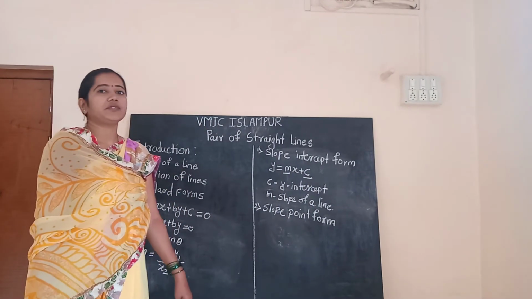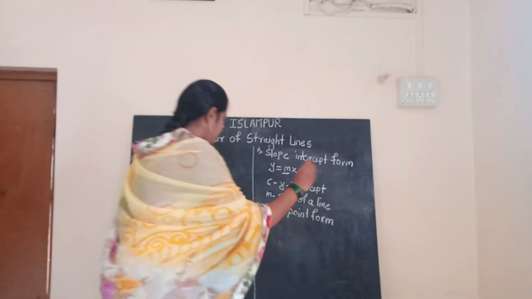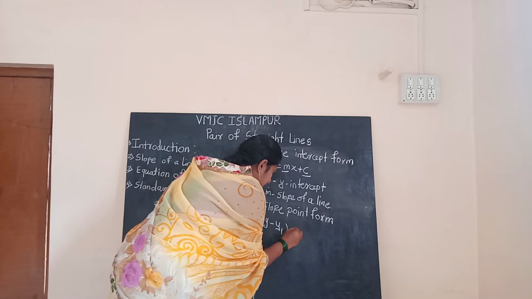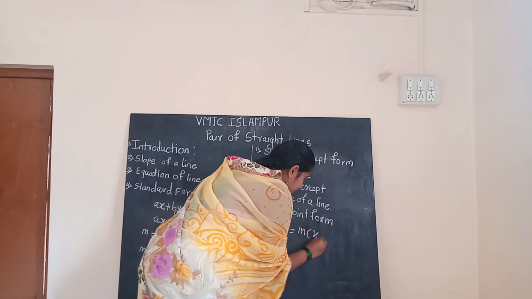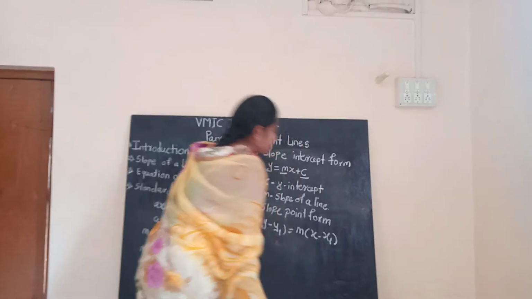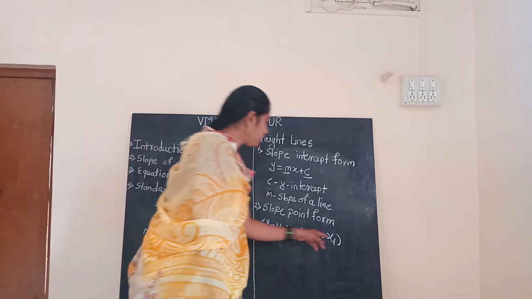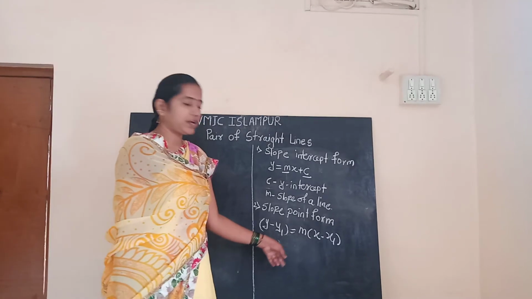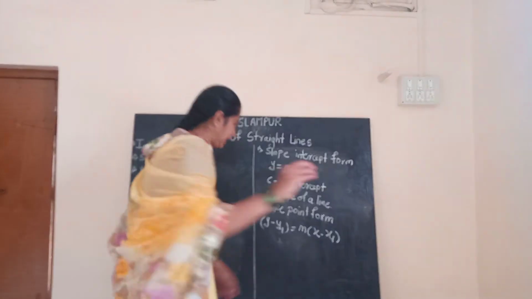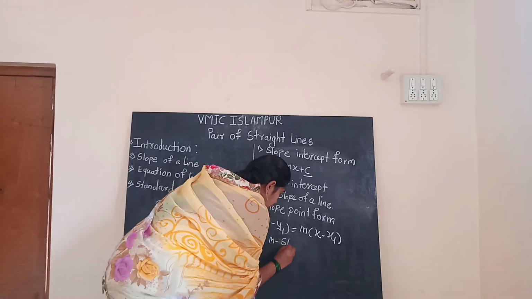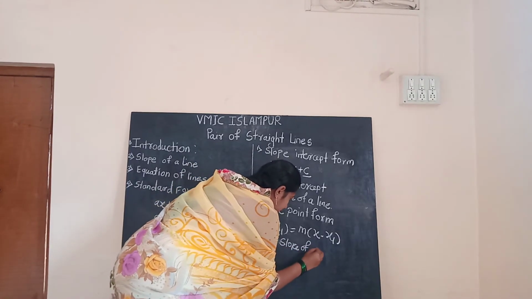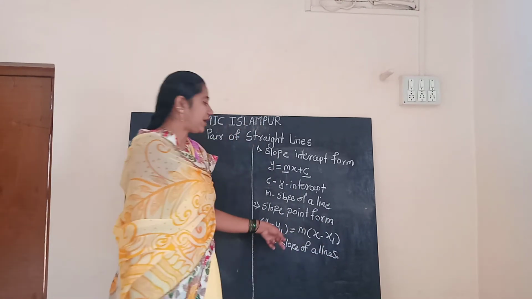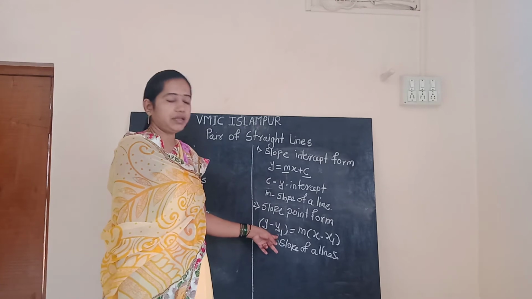Suppose one point and the slope are given, then the slope point form is y minus y1 is equal to m into bracket x minus x1, where x1, y1 are the coordinates of the point the line passes through and m is the slope of the line.